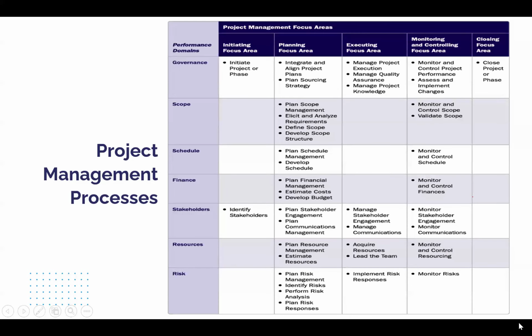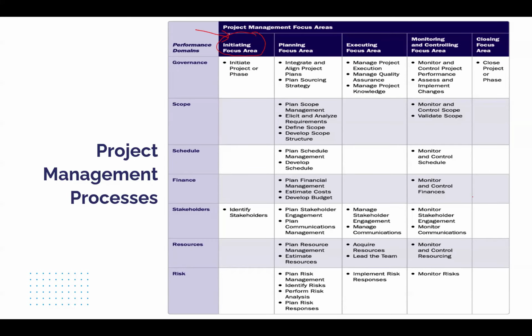For now, let's take a look at this table. This is the process table for PMBOK. Everybody take a look at this. The process structure, let's understand. PMBOK talks about 5 focus areas. You see, these are the 5 focus areas. Follow the cursor: initiating. Some people call it a process group.